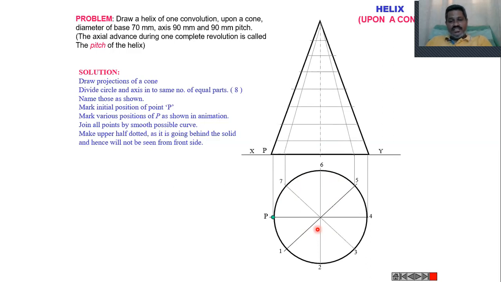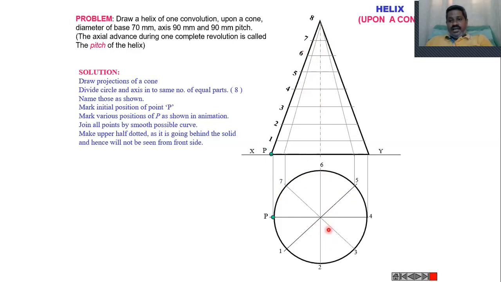Then divide the slant length of the cone into the same number of divisions as we have done in the case of the circle. In the circle we divided into 8 equal divisions, so divide the slant length of the cone into the same 8 equal divisions, name all those points as 1 to 8 like this, and draw the horizontal lines from all those points.